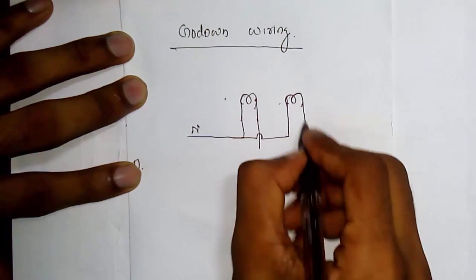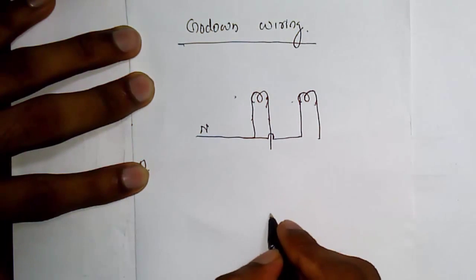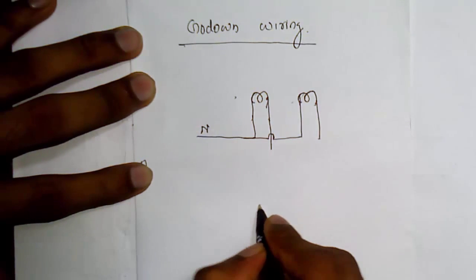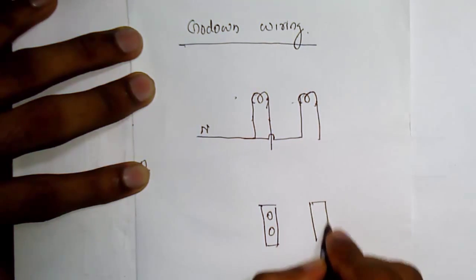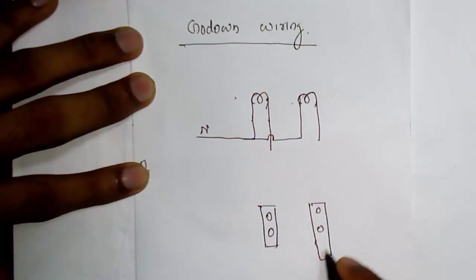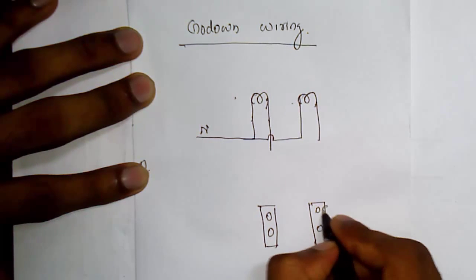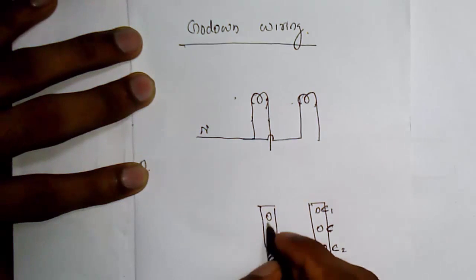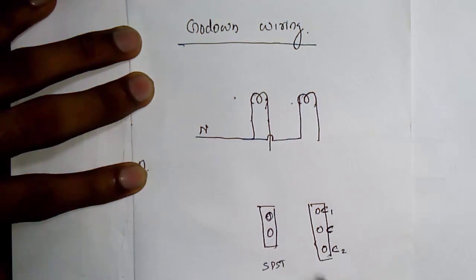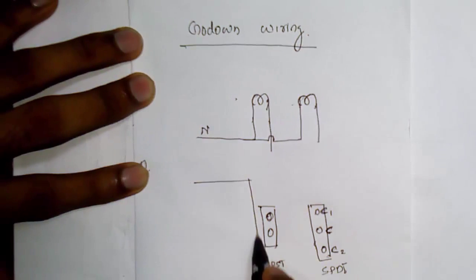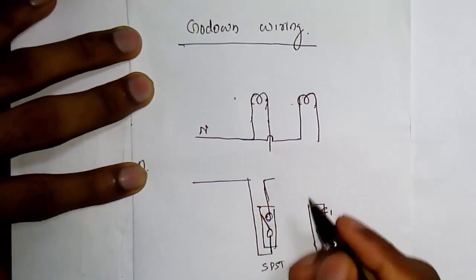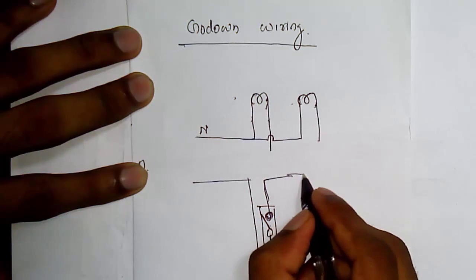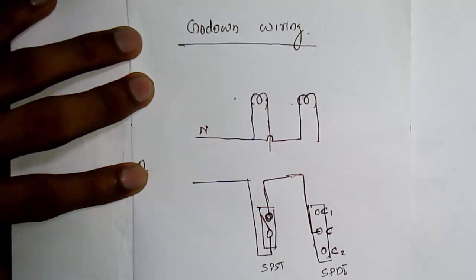We have two switches: the first one is an SPST switch, and the other one is an SPDT switch, which has three points: common, C1 and C2. Now the phase is connected to the SPST switch, and from the SPST switch it is connected to the common point of the SPDT switch.